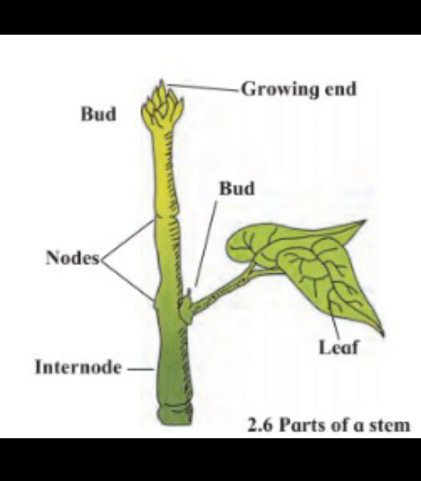Children, do you remember that we had seen something about the radicle and plumule? There we saw that the plumule is a part of the seed of the plant that grows above the soil.